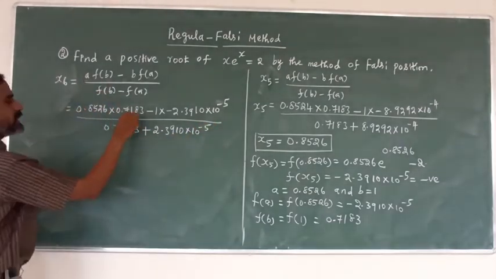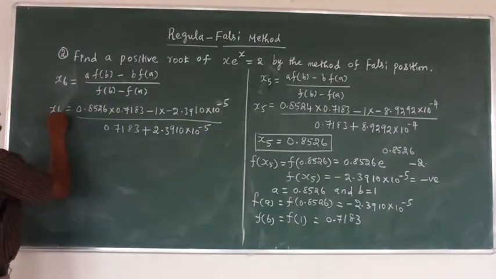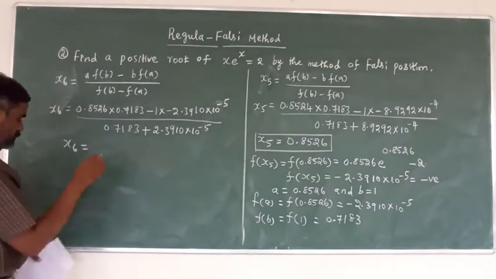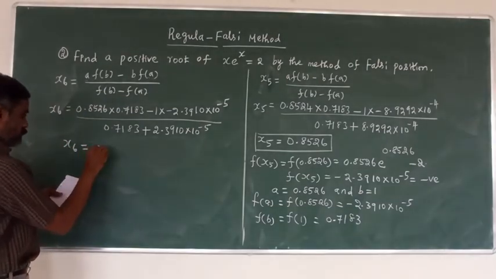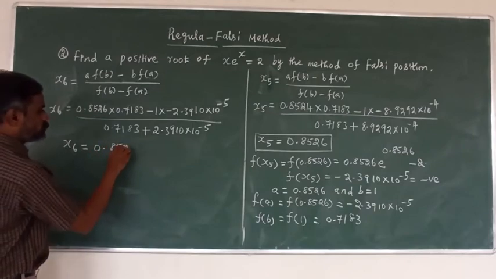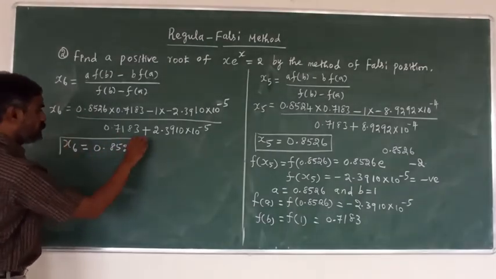Now divide these two. This is for x6, you can get the result 0.8526.